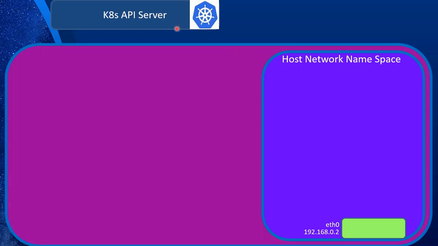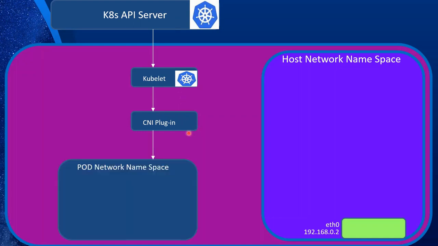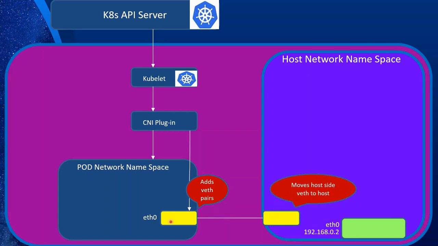Once we want to deploy a Kubernetes pod, the API server calls into the kubelet service. Kubelet then calls into the CNI plugin, and that's where it creates a pod network namespace like the one we have here. Now the pod has its own namespace. Then it installs a virtual Ethernet interface that comes in pairs. One side of the pair is inside the namespace, and the other is created and attached to the host.